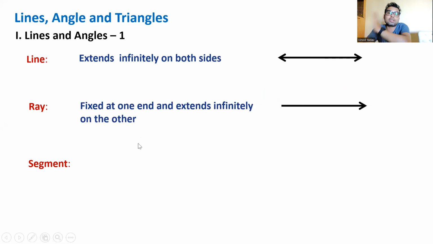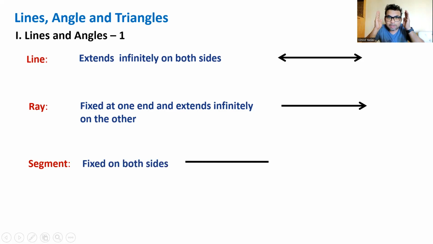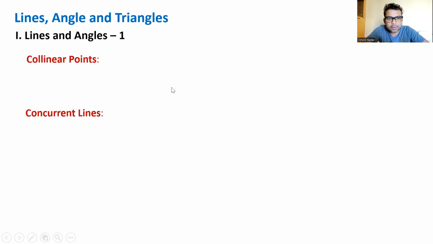And if you cut the other end also, you get a segment, which is fixed on both the ends. If it is fixed on both the ends, you can exactly measure its length. Out of all these three, segment is the one whose length you can easily measure. So you should be very clear between these three words.